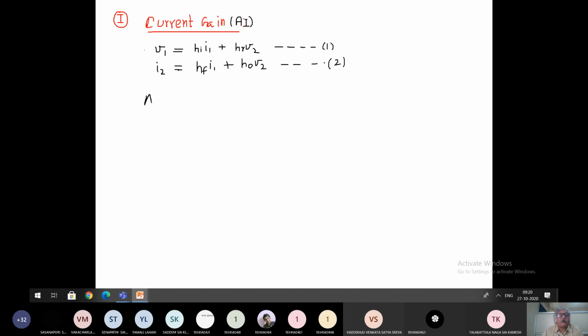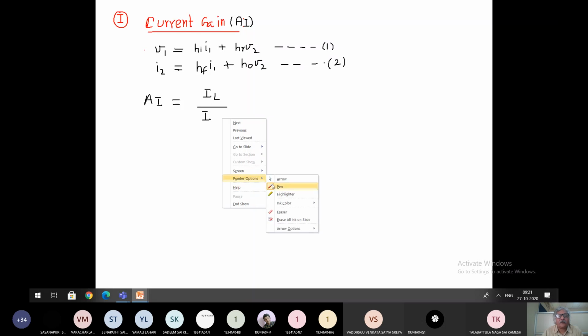So current gain AI is equal to IL by I1. Okay, we write the small letters, right?